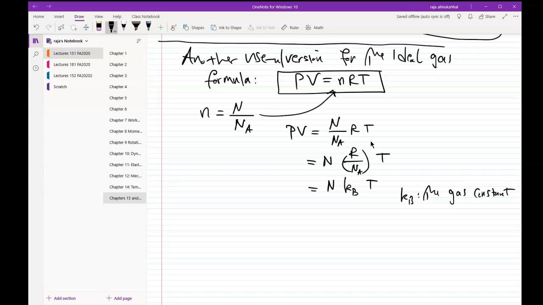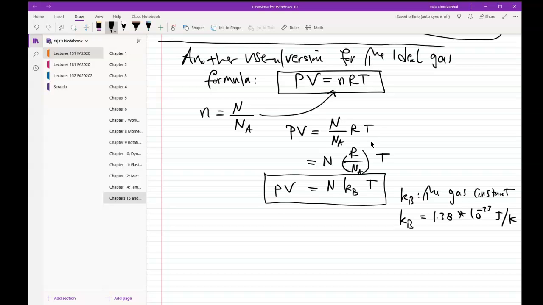Okay, and this gas constant, k_B, is equal to 1.38 times 10 to the negative 23 joules per Kelvin. Got it? Okay, so that's just another version for it. Sometimes it comes in handy, so you may want to use that. Okay? Okay, good.